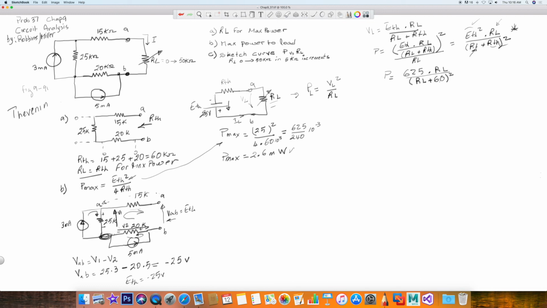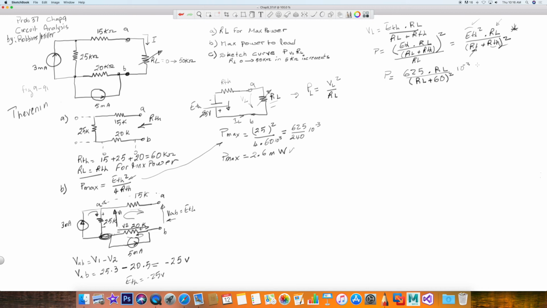This is 10 to the third squared. Any result you're going to get, make sure it's in milliwatts, because if I take care of the kilos on the numerator and the denominator, in the end you're going to end up with a 10 to the minus third.